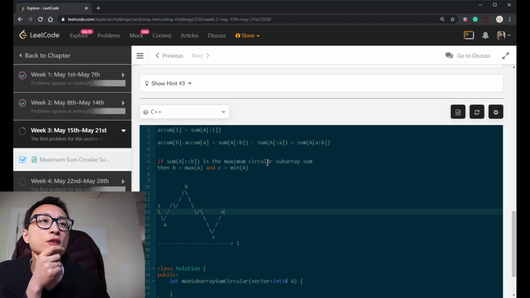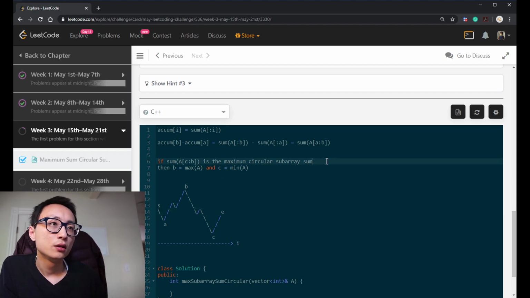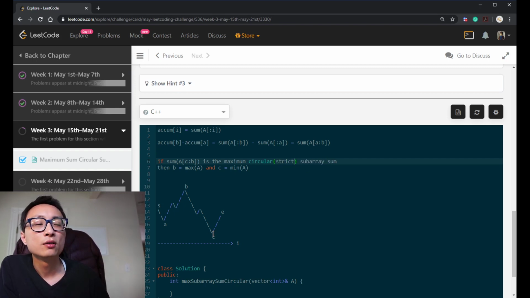So that means circular here, I should make this strict. It has to be from the stitched together two parts. You have to go beyond the end and go to the beginning.